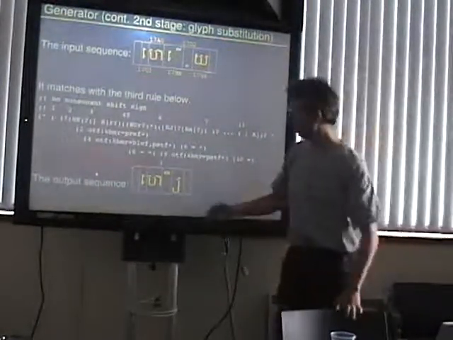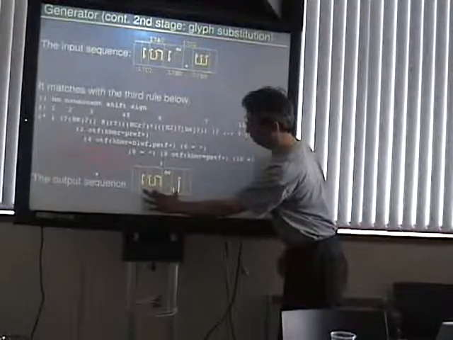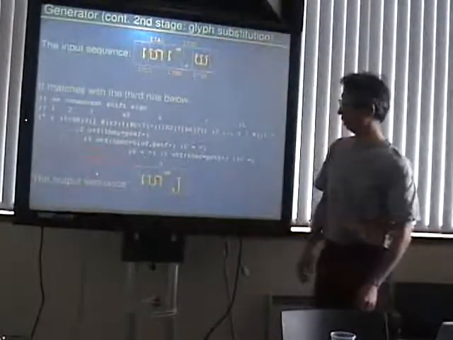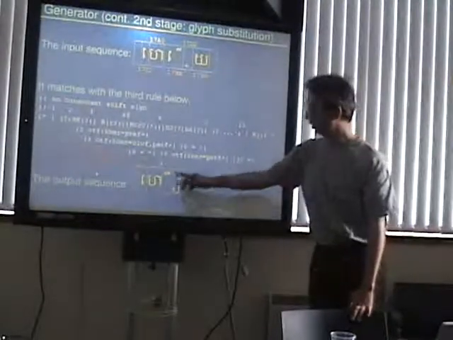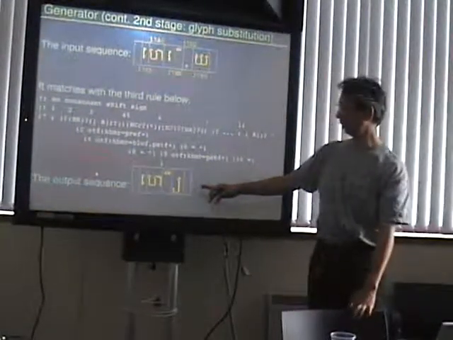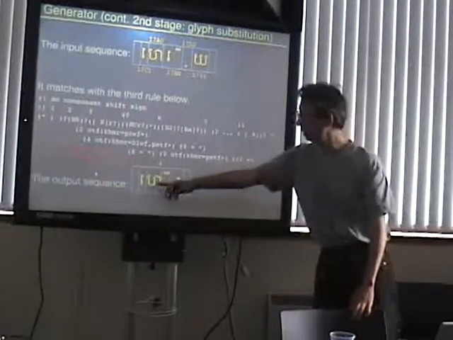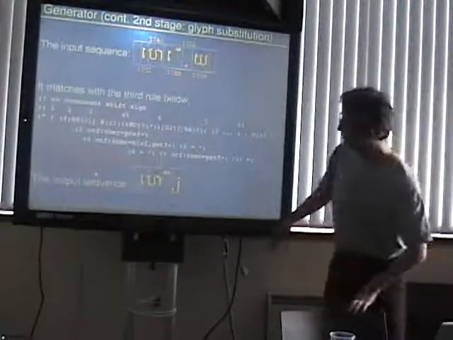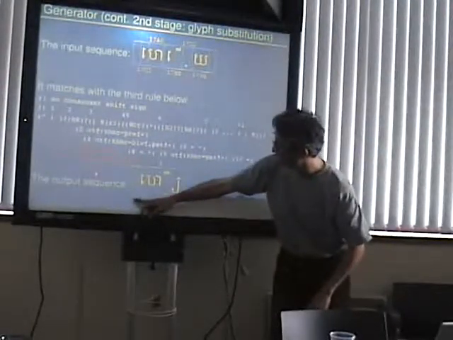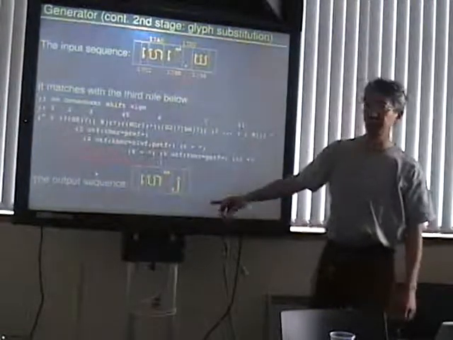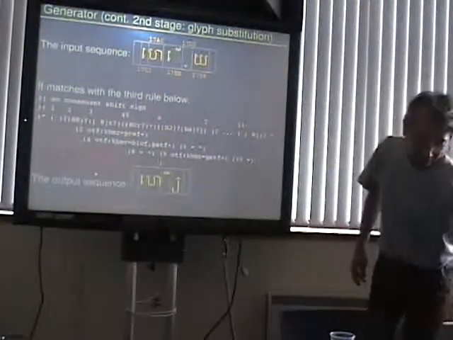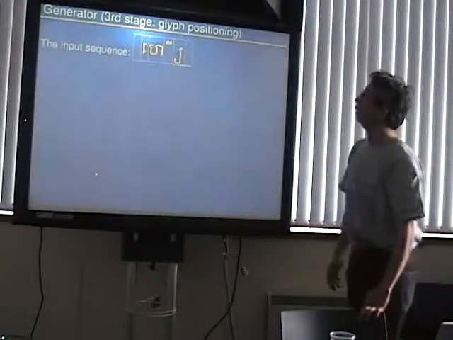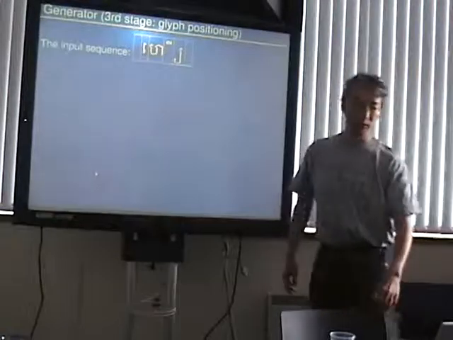Internally, we keep what this pattern corresponds to in the original character sequence. But anyway, now the sequence is in glyph codes. But still, we have this part, the separator, and it can be used for the next stage. And the last stage is for glyph positioning.